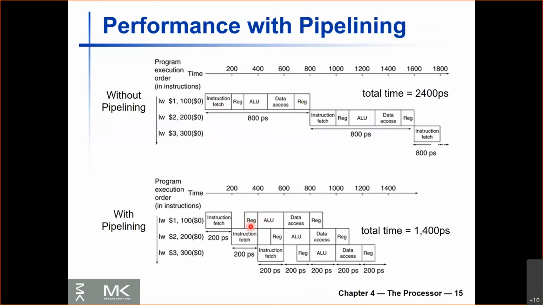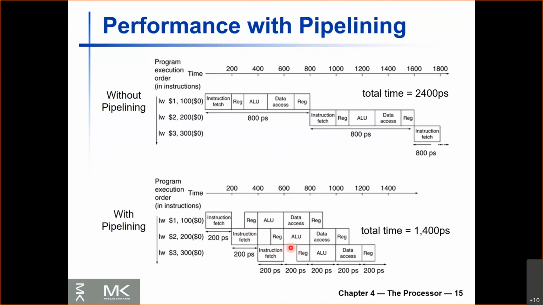Because if we finish this register decode in 100 picoseconds, we can't start the ALU stage. Or actually, maybe let me look down here. If here I have an instruction fetch, and I finish my instruction decode in 100 picoseconds, I cannot start my ALU stage because the previous instruction is still using the ALU.